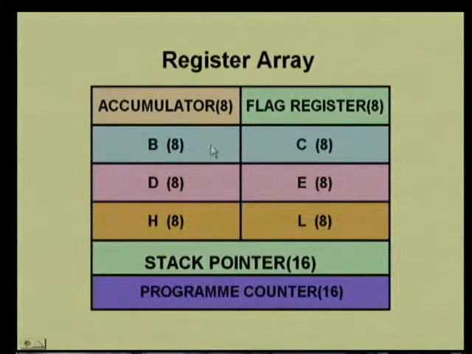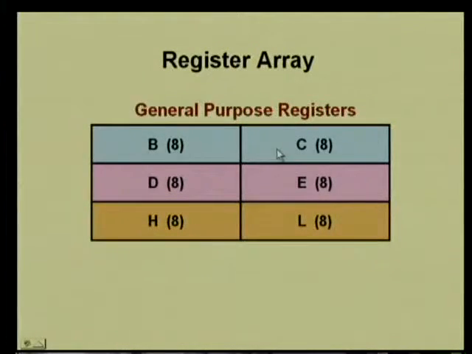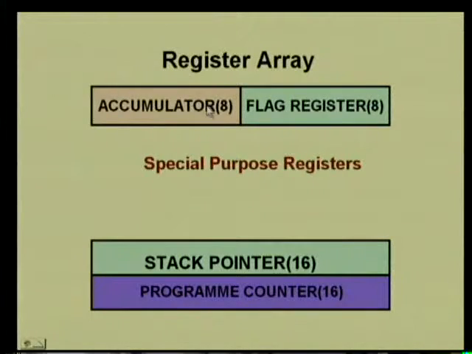Within this register array, the B, C, D, E, H, L registers are called general purpose registers. They can be used just for storage of data, whereas the leftover registers are known as special purpose registers. The accumulator, flag register, stack pointer and program counter are named special purpose registers because they have some special purpose.